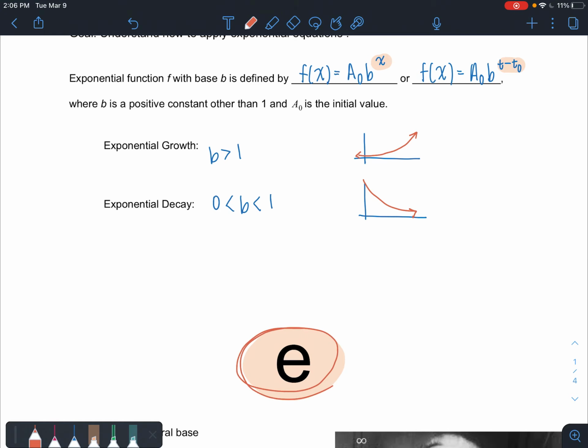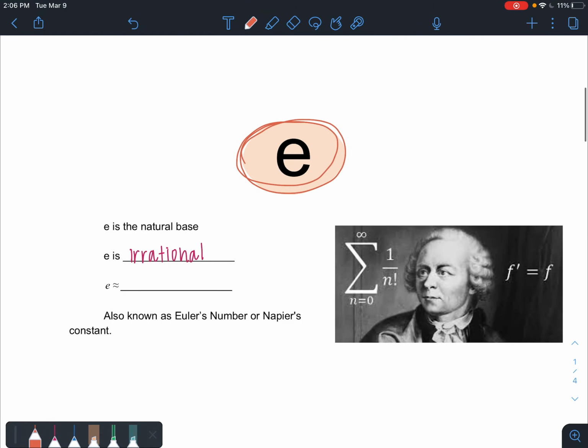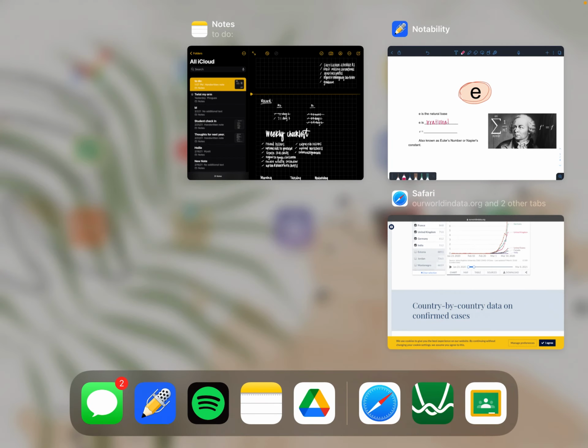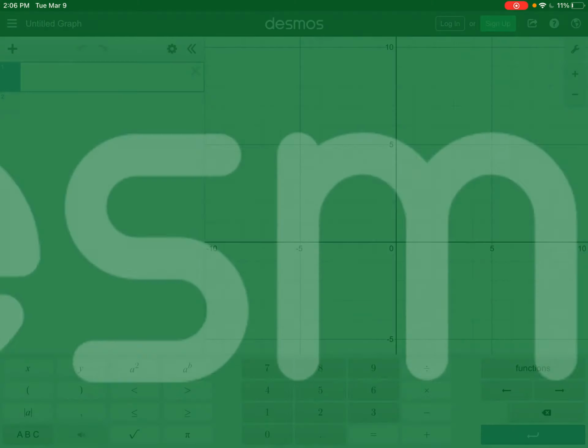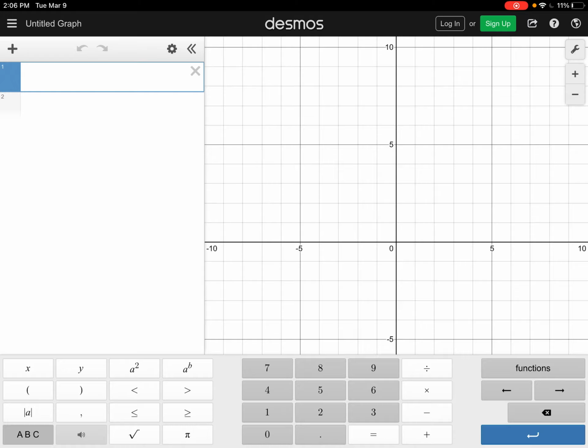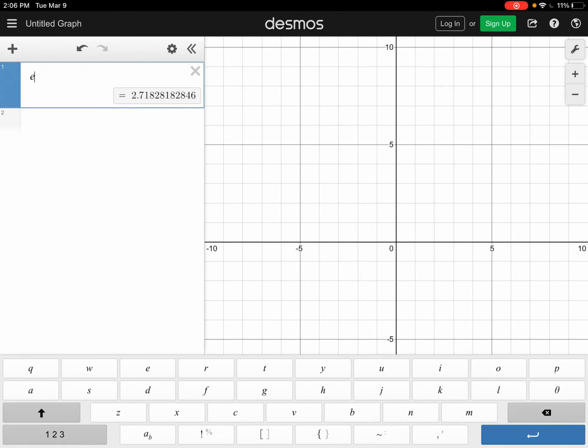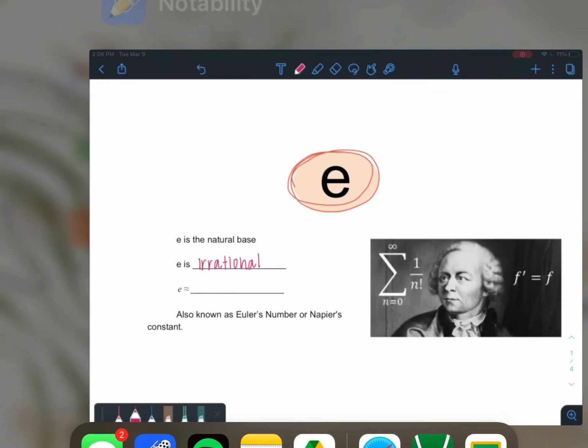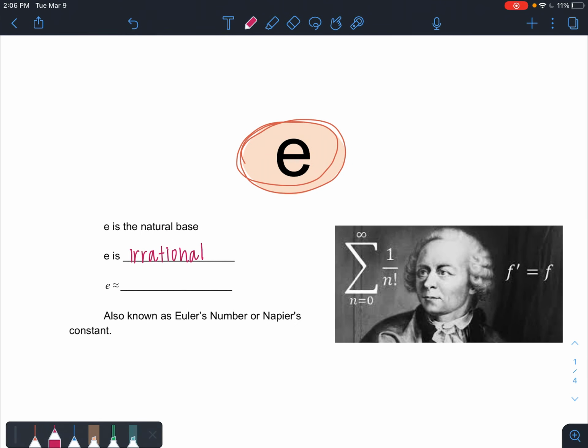Okay, now we're going to talk about e. e is a natural base. It's irrational, just like pi. If you type it into your calculator, you get that e is equal to 2.7182 and so on.